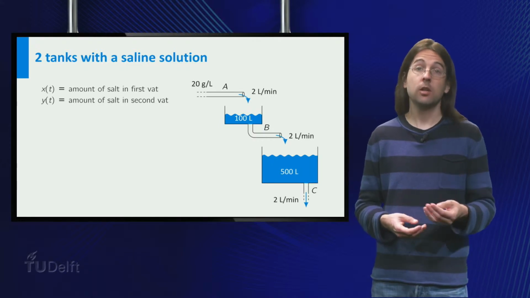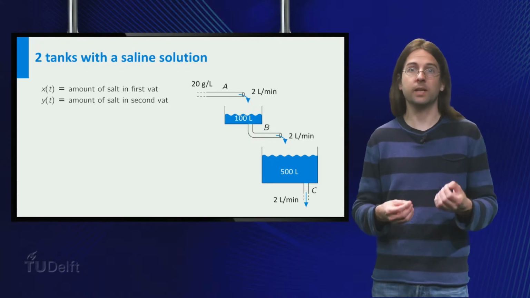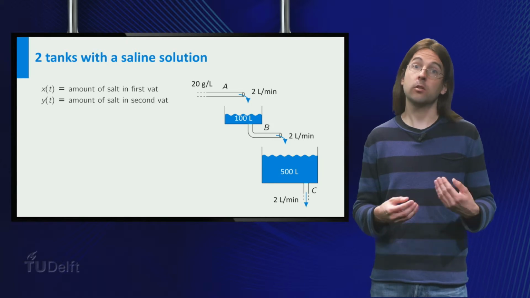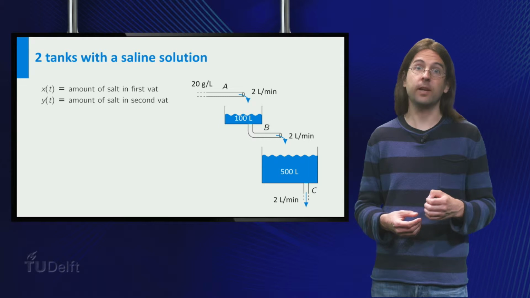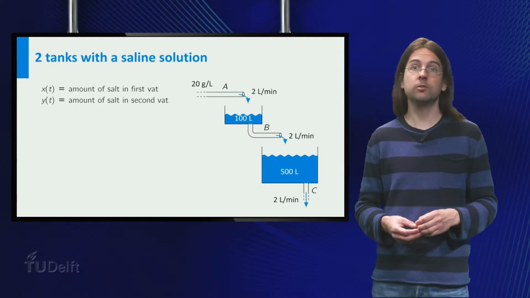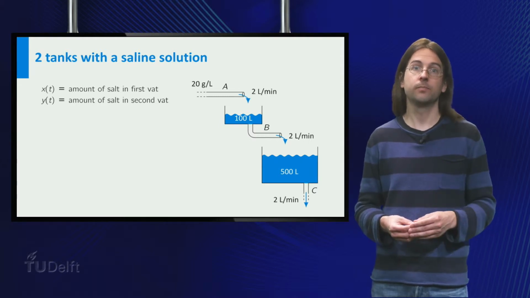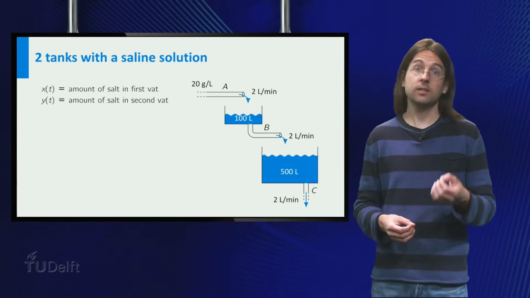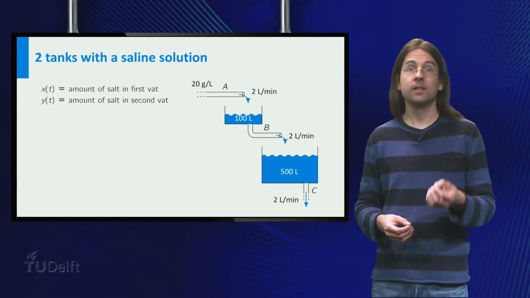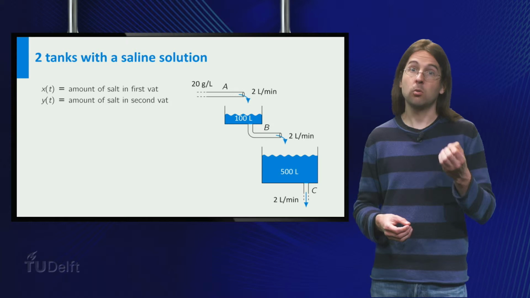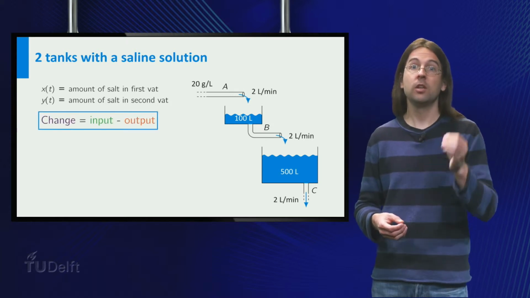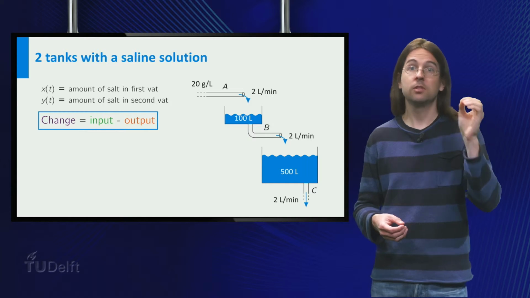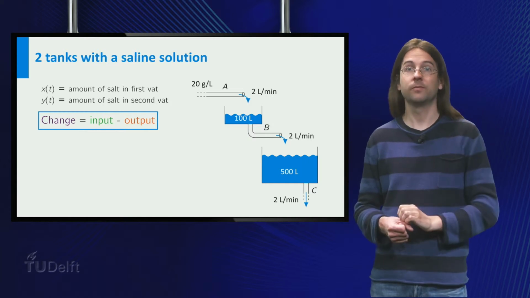In addition, we assume that the vats are well mixed all the time, so the concentration of salt in pipe B flowing out of the top vat equals the average concentration in the entire vat. Then we see that the amount of salt in the top vat changes over time according to the change in the amount of salt equals input minus output.